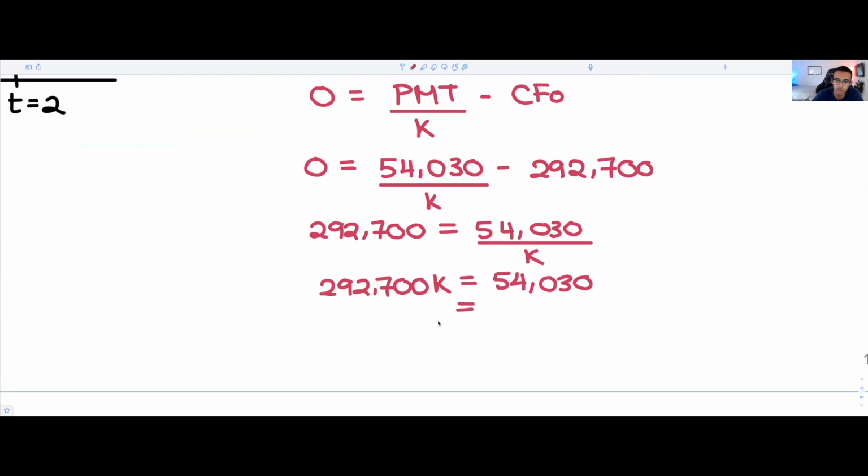And then you would have K is equal to 54,030 over 292,700. And then if I do some quick math, which I'm going to use the calculator to do because I'm a lazy person, 54,030 divided by 292,700, we should get K is equal to 0.18, something like that.